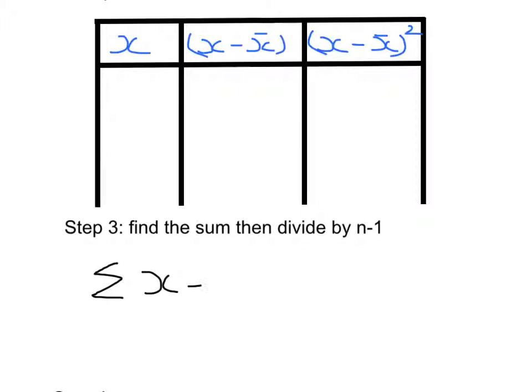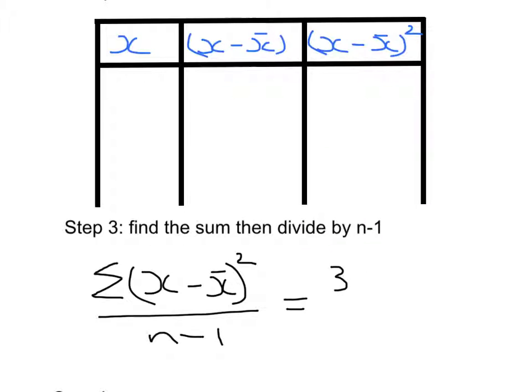So the sum of x minus the mean squared over n minus 1 is 30 divided by 4, and that gives you 7.5.